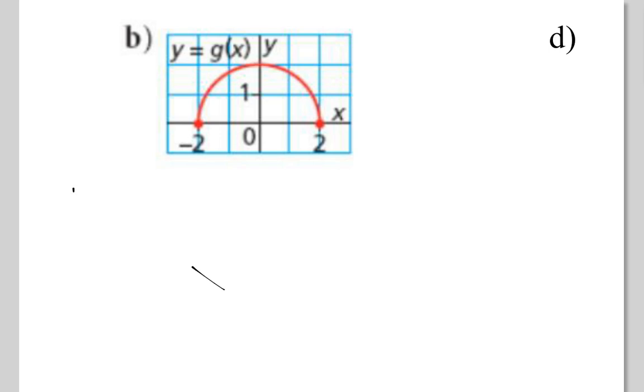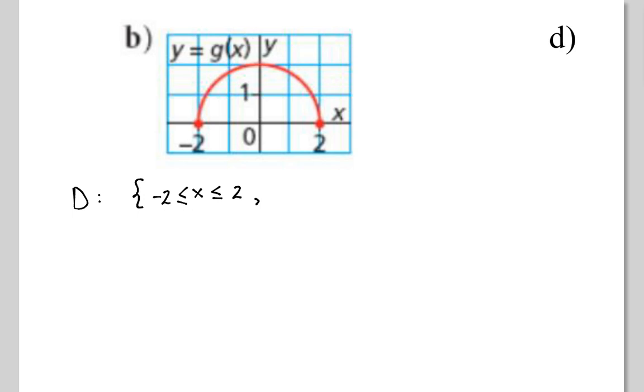So for domain, which is capital D, you would write this. And some of you are going to really hate this. X is less or equal to positive 2, but greater or equal to negative 2.